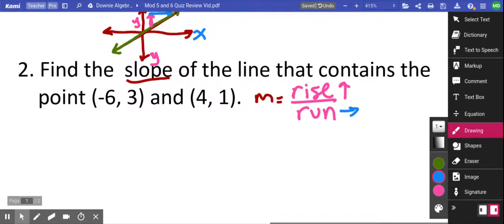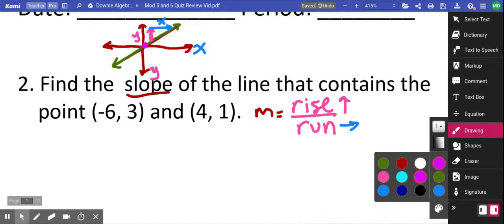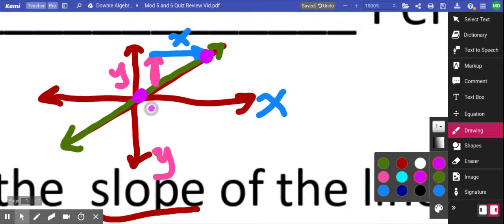Now, if I am finding my slope based on points, let's get 2 points in here, 1 and 2. I name these points x1 and y1.